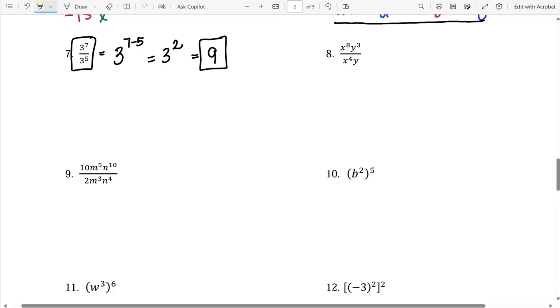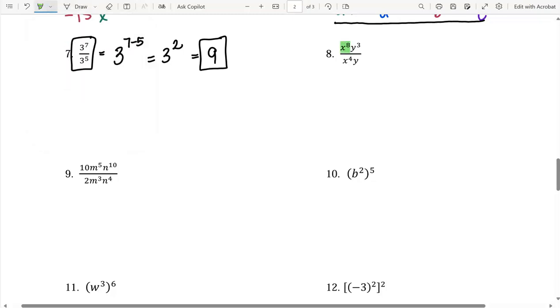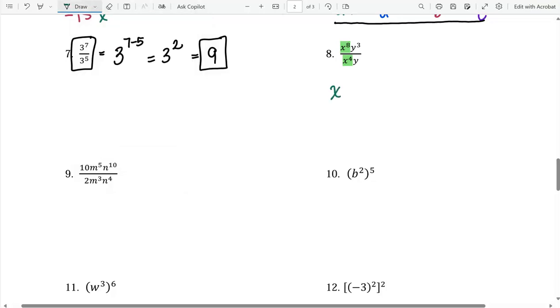Just follow the bases. On top, I have an x to the 8th. On bottom, I have an x to the 4th. So what I can do is focus just on those x's, writing it one time, and then take their exponents and subtract top minus bottom, leaving me x. 8 minus 4 is 4.